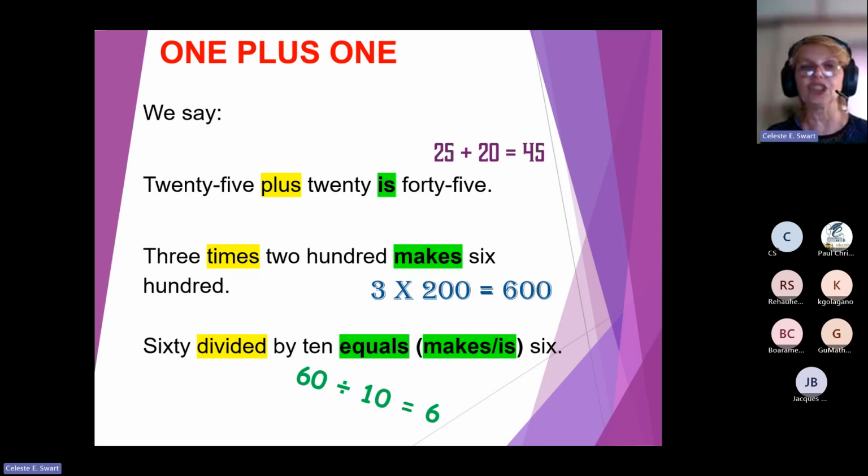Oh, my maths is disastrous today. 60 divided by 10 equals, makes, or is 6. Aren't you glad I'm not teaching you maths today? I left the two zeros out of the previous sum. But just to give you an idea that we're thinking of it as singular. Okay, so remember that. And you'll see that it's written in numbers here.